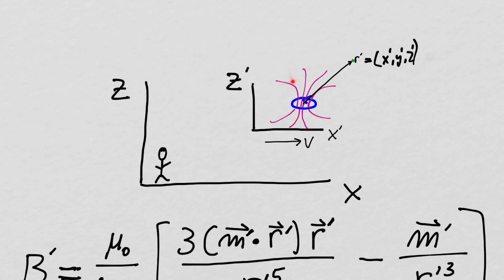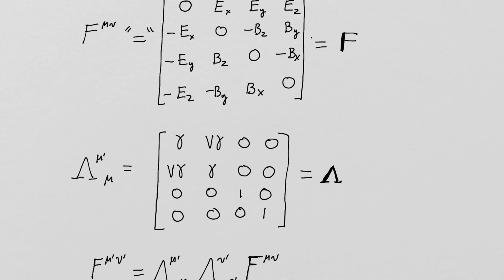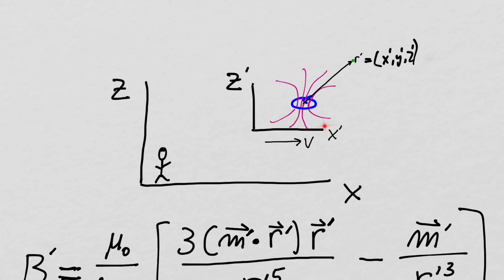I know the field tensor in this frame, and I'm going to transform to a frame that appears to be moving at minus v relative to this. That is why we have chosen this matrix, because this is a minus v in the x direction transformation, which is exactly what this is. All the velocity is purely in the x direction. And this is the prime frame, and this is the unprimed frame. So that's the setup.